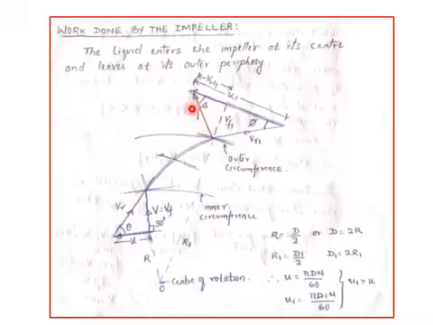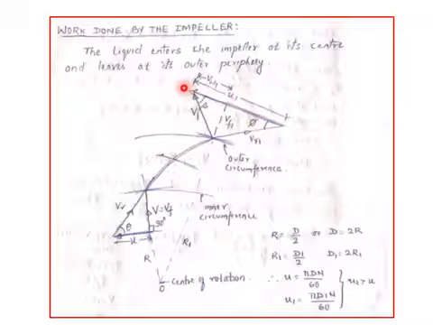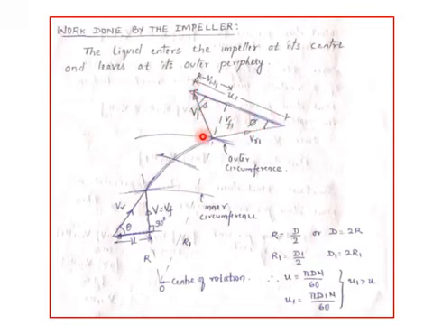The component of v1 in the radial direction is vf1. The component of v1 in the tangential direction is vw1. And you know that the angle of vr1 with respect to the direction of motion of the vane is always phi. So this phi is known as the vane angle at the outlet. And this is the beta, which is the angle at which the jet leaves with the direction of motion of the vane.